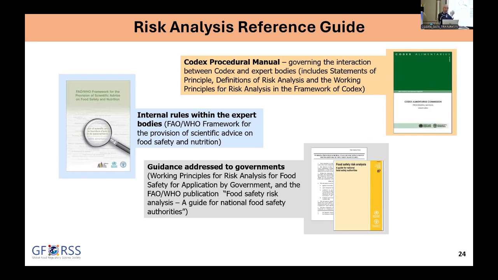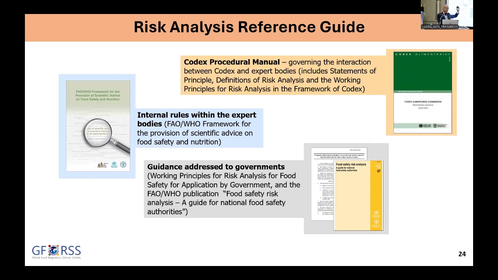They have their own procedural approaches that are fully documented, from the way experts are selected to the way data are utilized. Many aspects that govern the risk assessment process that expert bodies do in Codex are also documented in the procedural manual.